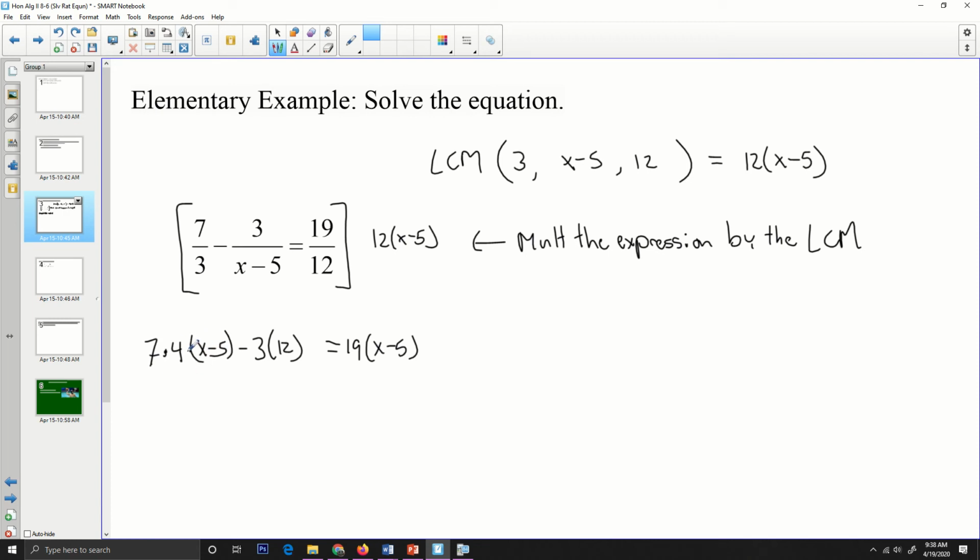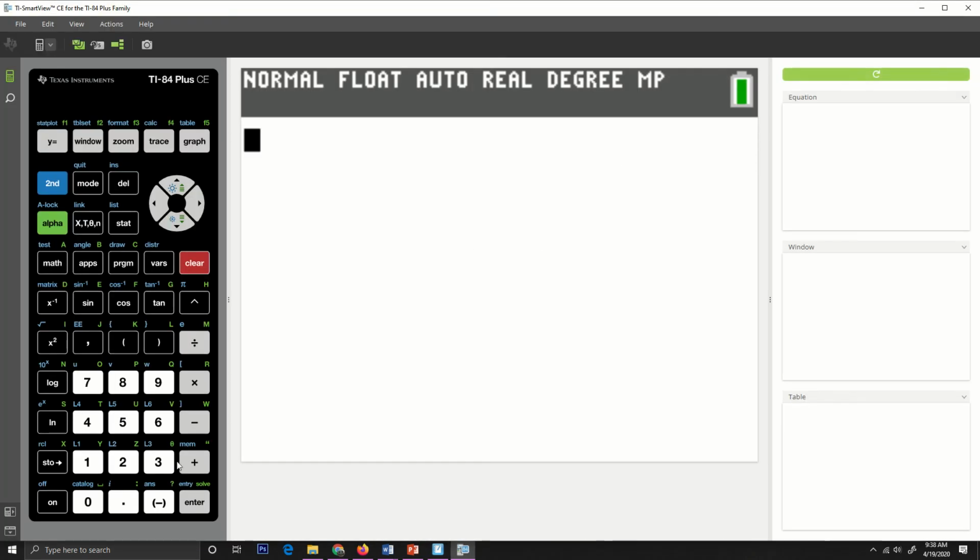And again, we're going to have to distribute that eventually. But now this is just a polynomial expression. So 7 times 4 is 28. And then 28 times x, so I'll have 28x, and then 28 times 5. Well, let's grab our calculator and do that one real quick. 28 times 5 is 140.